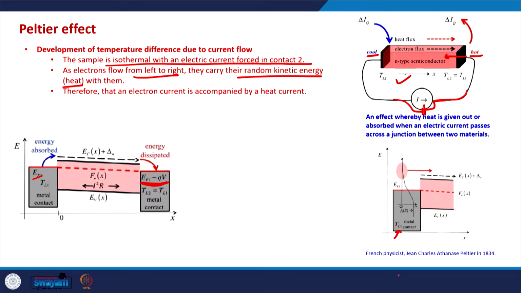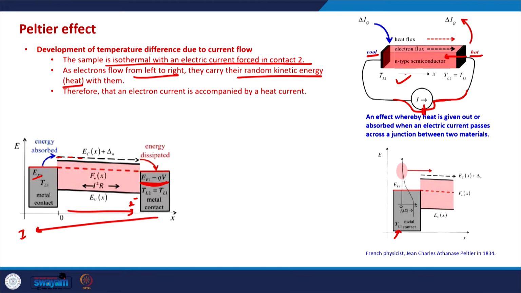As all of us know, electrons transport through the semiconductor in the conduction band. So, when there is a current from right to left, it means there is an electron flow from left to right.